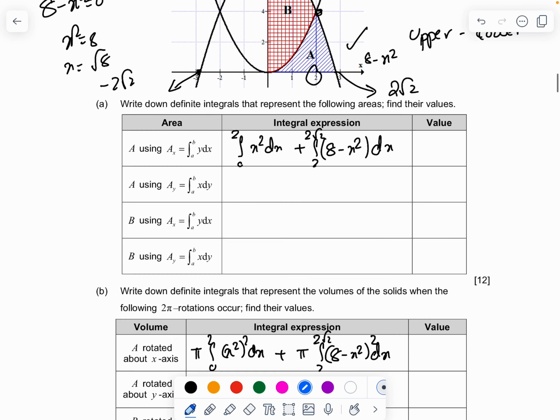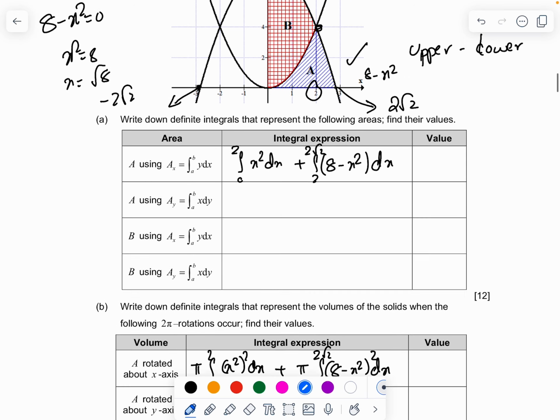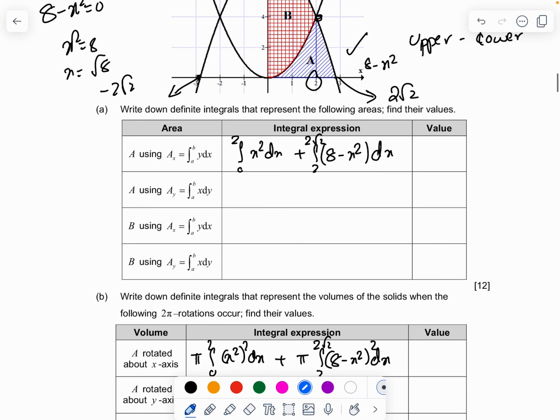For B, now area with respect to the y-axis. With respect to the y-axis, we can see the point of intersection is 4. So it will be 0 to 4, upper curve minus lower curve. Upper curve is going to be nothing but what? We have to find the value of x.